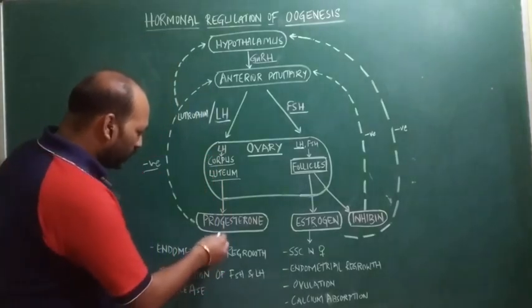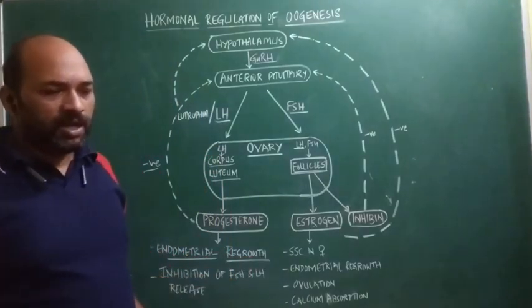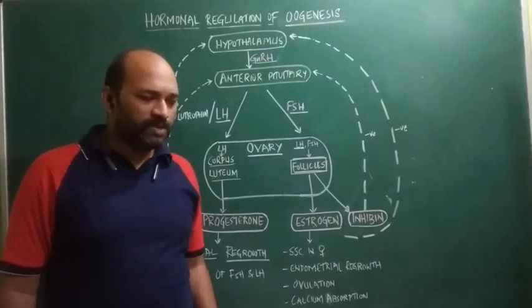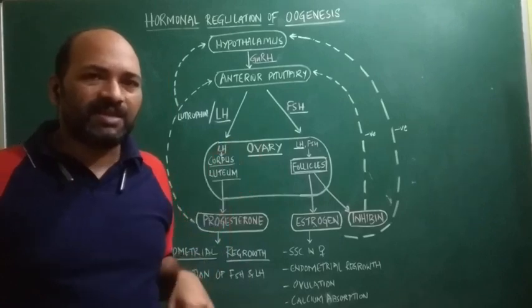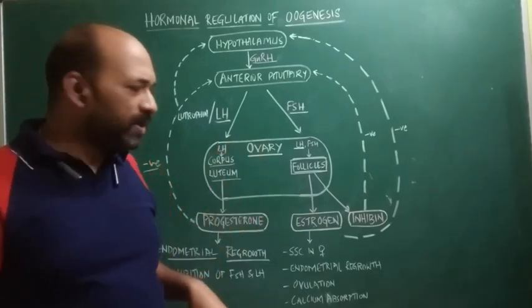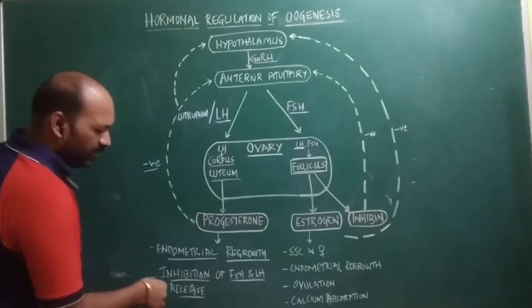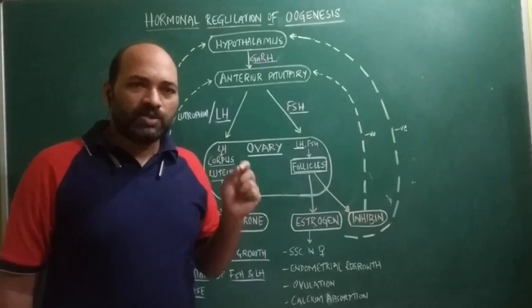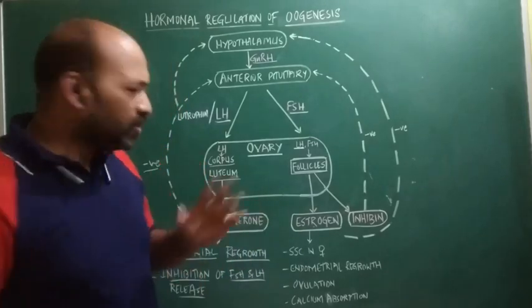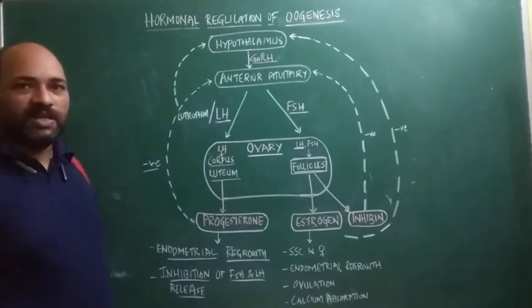It is involved in endometrial regrowth also. Once the progesterone level starts decreasing in the ovary, that gives a negative feedback, thereby inhibiting the release of FSH as well as LH.